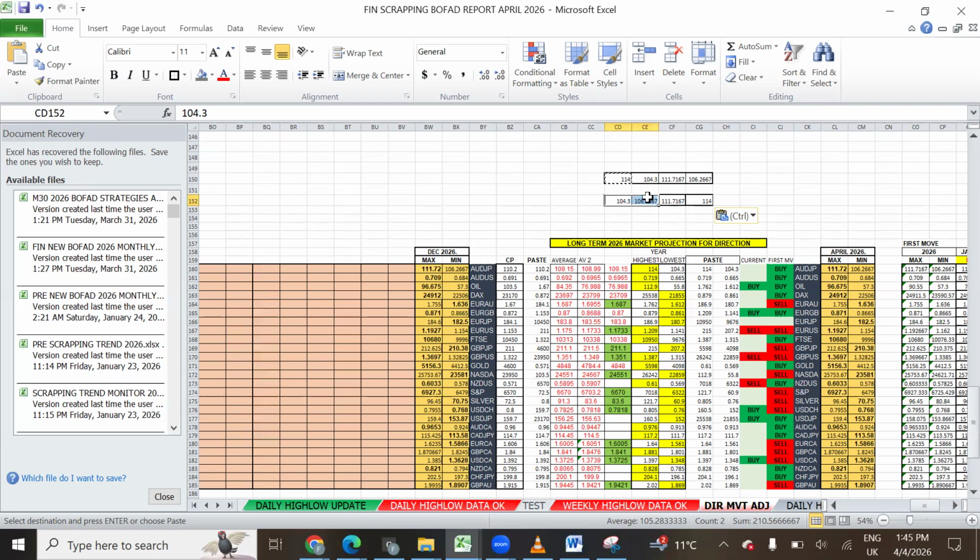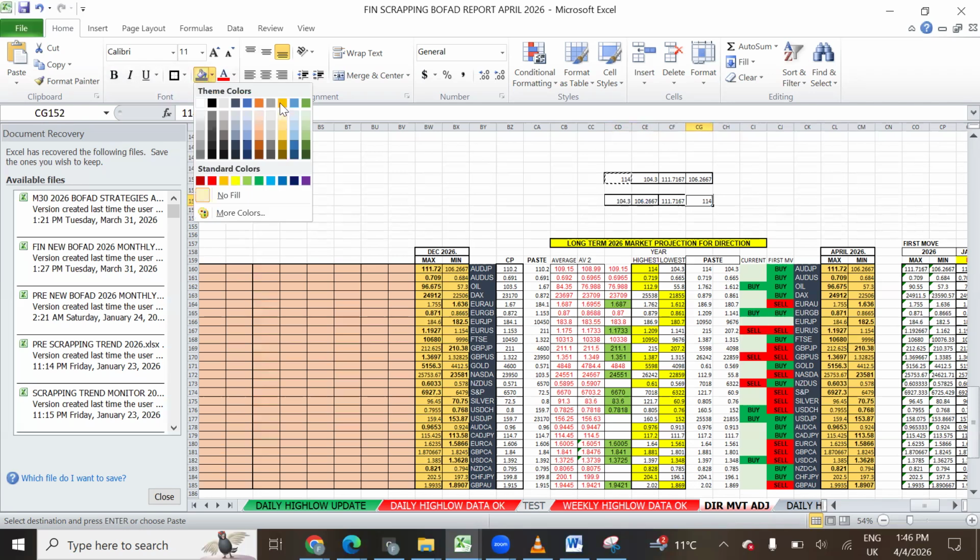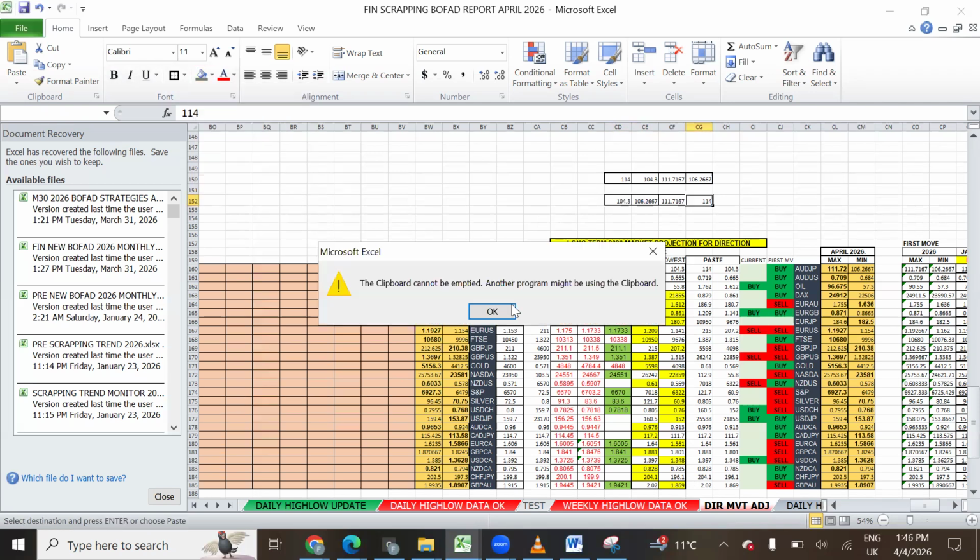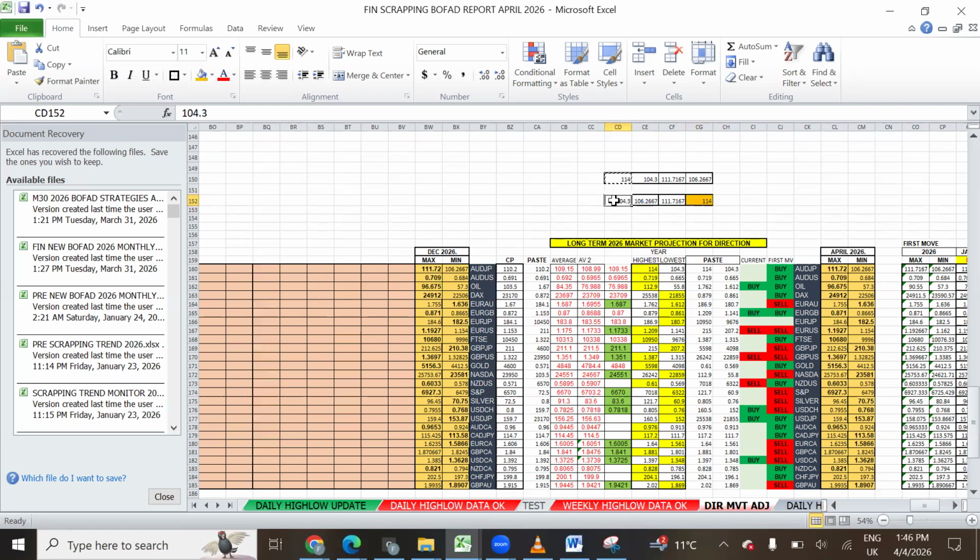These four prices will now be our control points that will help us for the rest of the year. So this becomes the highest and this becomes the lowest.